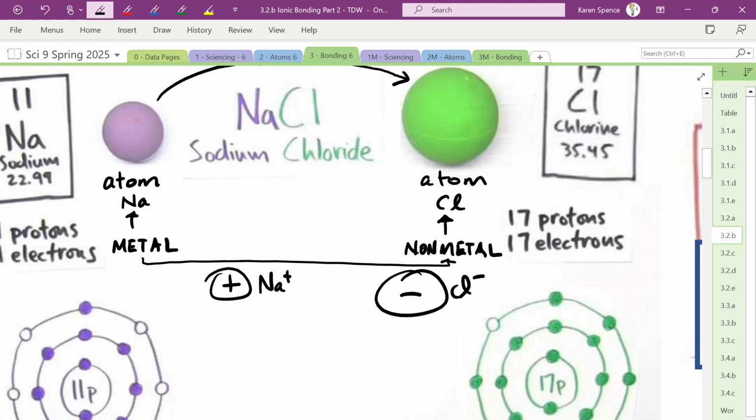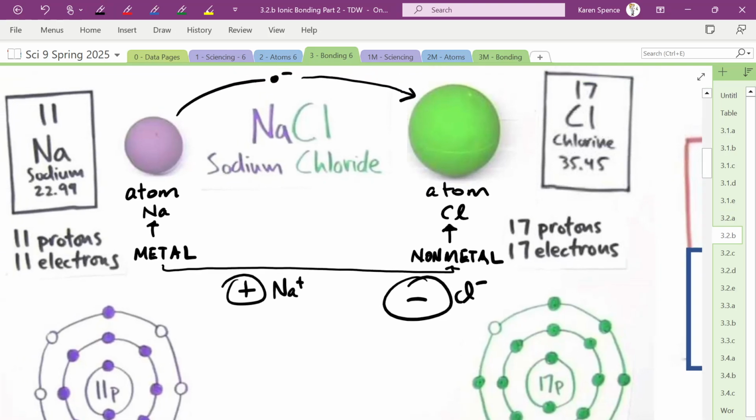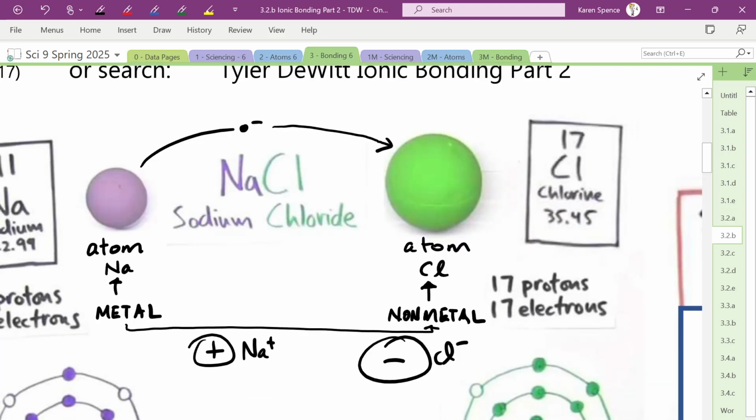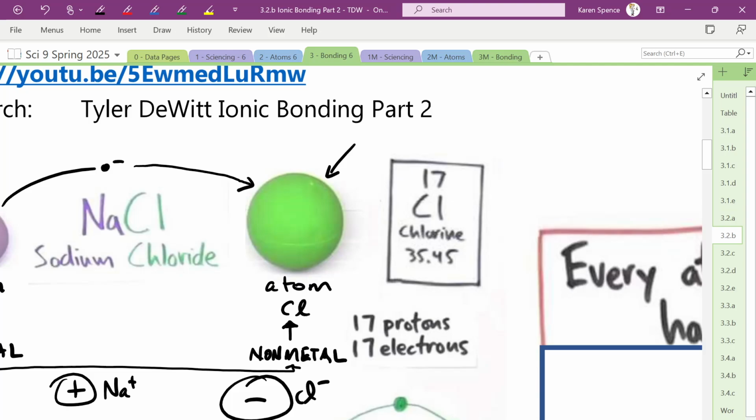Now we can do one better than just showing this. Whose model of the atom is this? Whose model of the atom is this one? Just the sphere. That's a Dalton model.